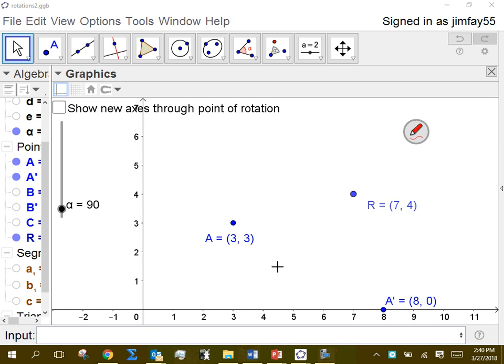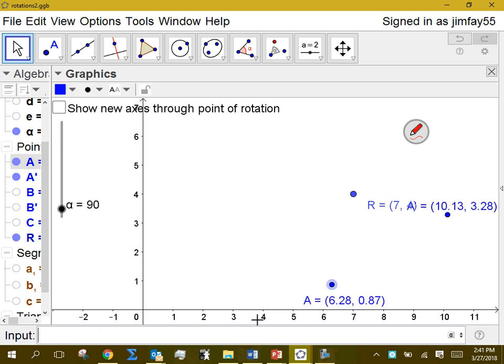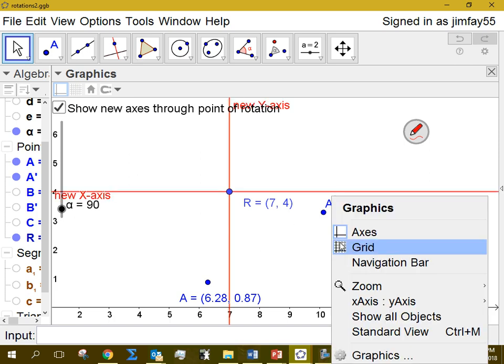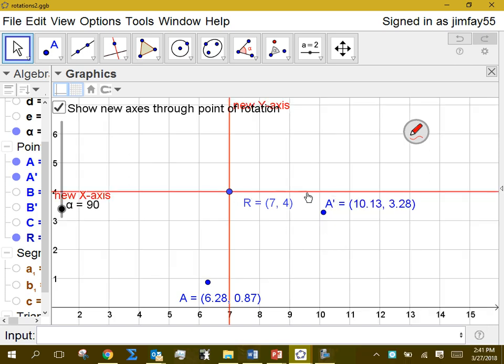But if A is located at maybe 2π comma √3 divided by 2, something really ugly, which is going to be this point here, and I want to rotate it, I would probably want to use the formulas because it's going to be really difficult to put that in, check my grid, and count over that many units.